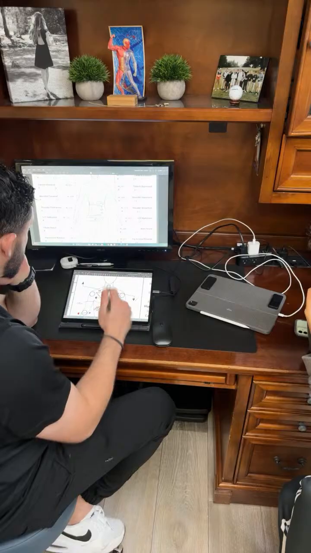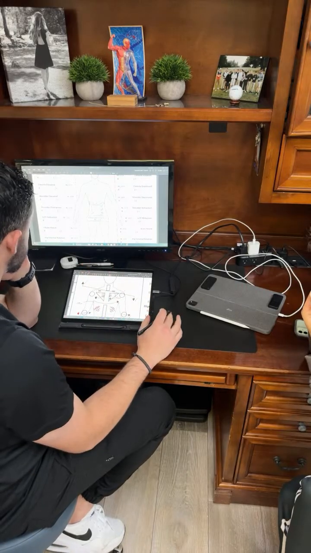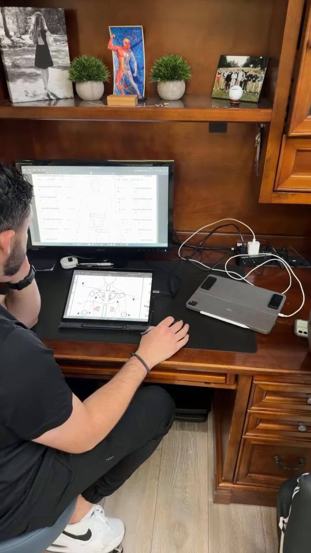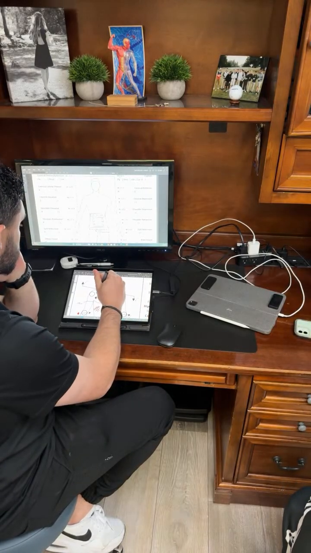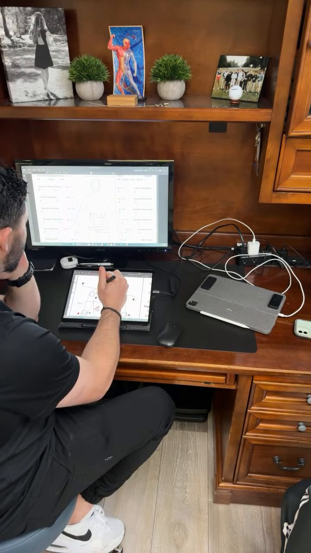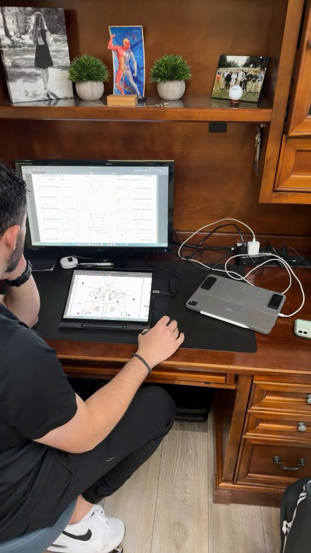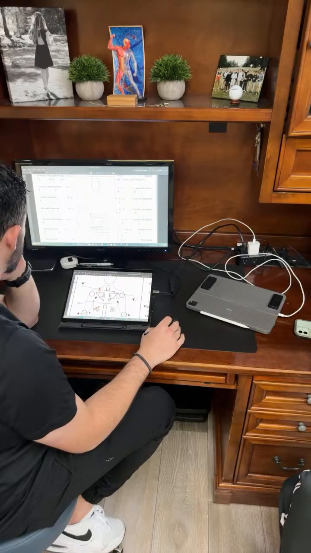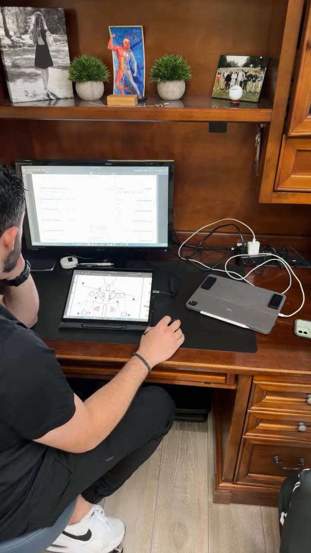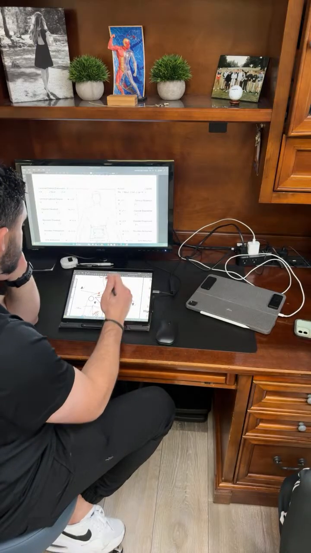Shoulder elevated right, check. Seeing the same thing there. Clavicle elevated right. I guess we didn't see any clavicle depression there. Cervical lateral flexion right.